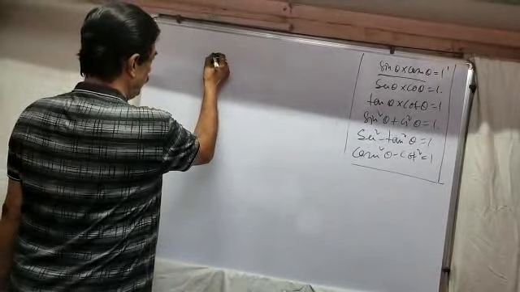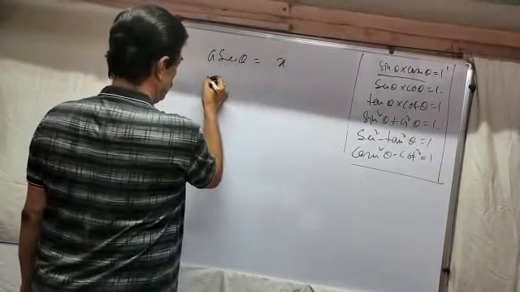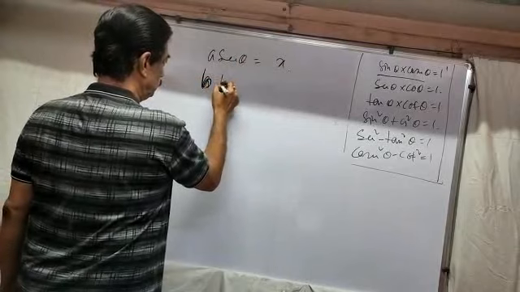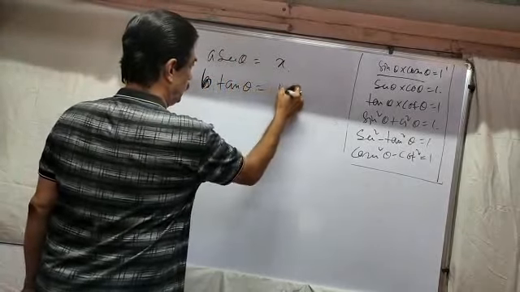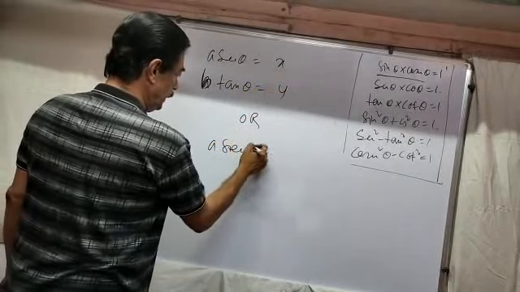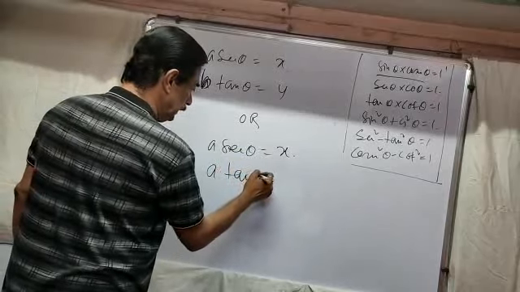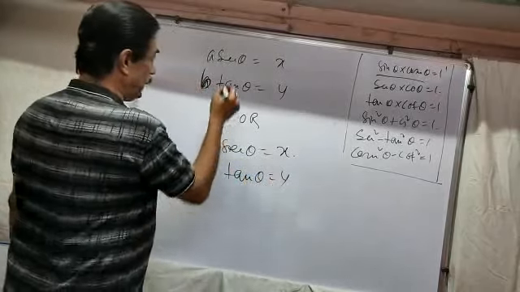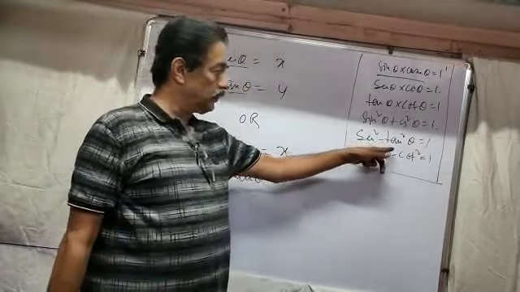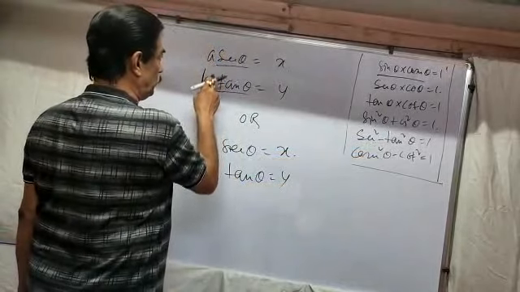Now they are giving a sec theta equal to x, b tan theta equal to y, or a sec theta equal to x, a tan theta equal to y. When you observe sec theta and tan theta, your relation is sec square theta minus tan square theta equal to 1. So here a and b are not equal.